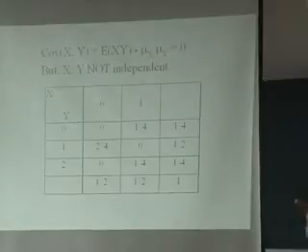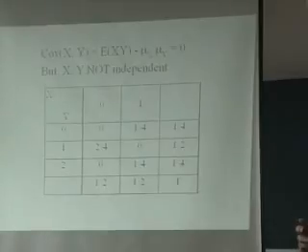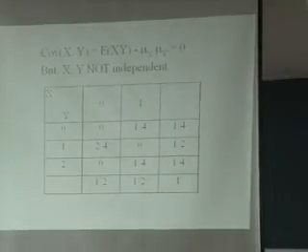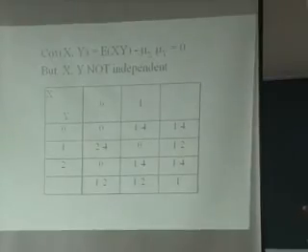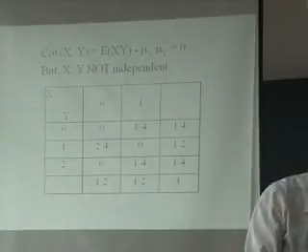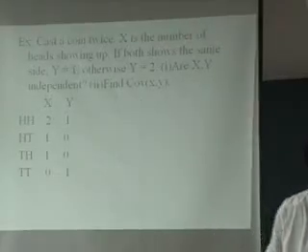But somehow, are x, y independent? No, they are not. So this clearly shows that when covariance xy is equal to 0, you cannot be sure that x and y are independent. But if they are independent, then covariance must be equal to 0. Okay, so let us try to look at this and see how to do the problem.